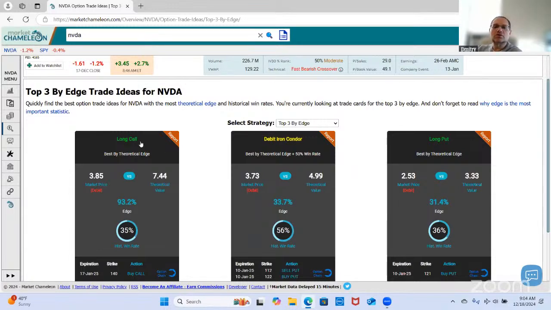So let's start out with this card, long call. That's simply a strategy where you buy a call. It's a bullish strategy, and you want the stock to increase. By expiration, if you hold it to expiration, it's got to increase by enough to cover the cost of this option, which in this case is $3.85.